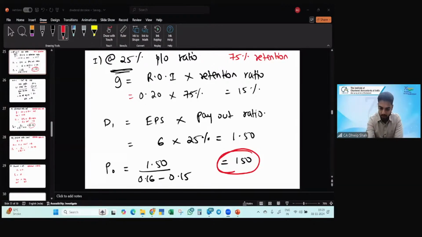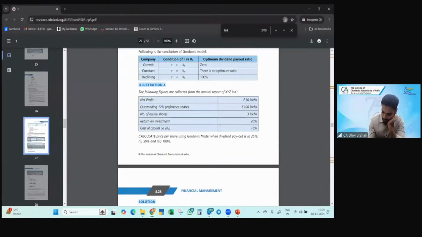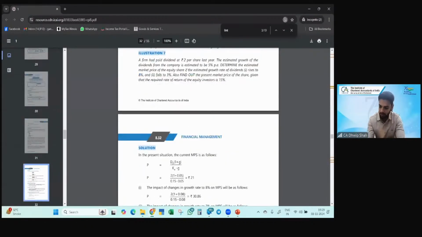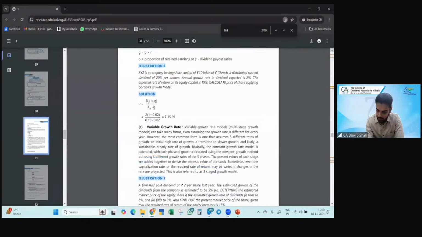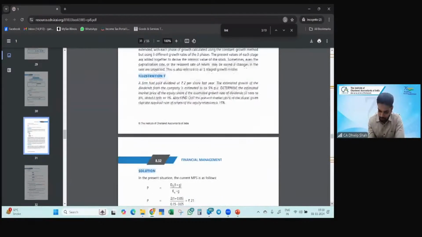So whenever ROI is greater than KE, you should distribute very little to the equity shareholders and retain as much as possible. Okay? So let's move to the next illustration.